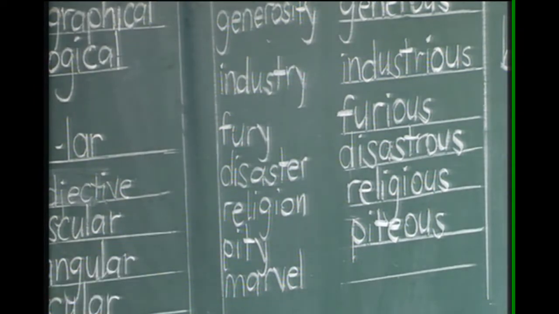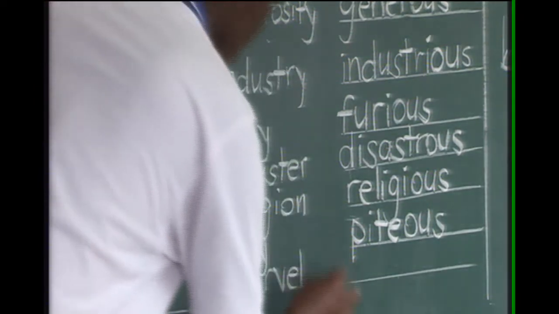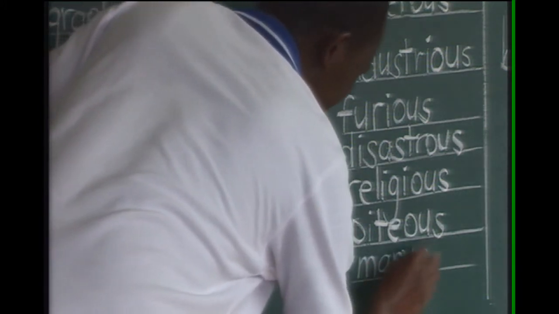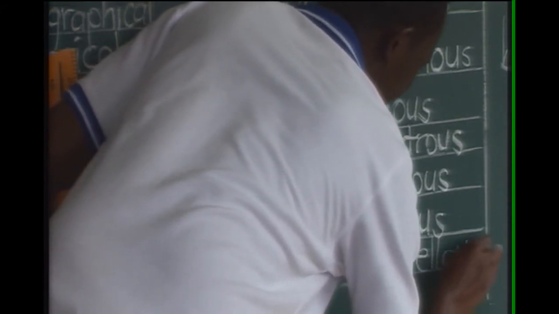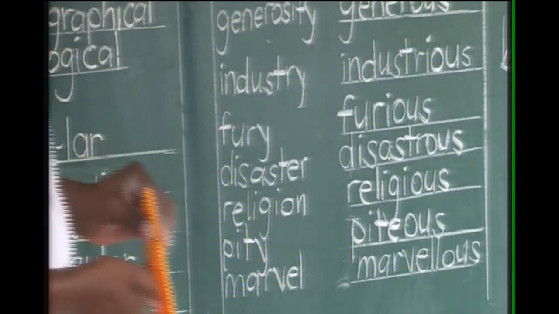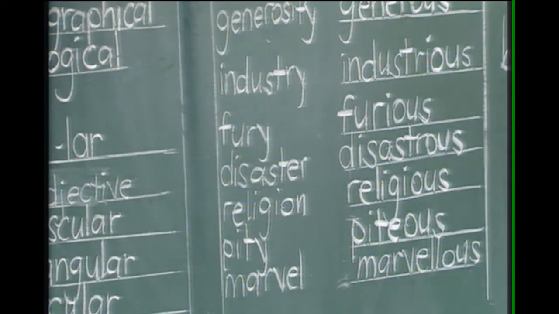All right. Marvel. From marvel, our adjective is marvelous. Marvelous. Don't forget the double L. The next part, still about using suffix OUS to form adjectives from given words, has the word labor.